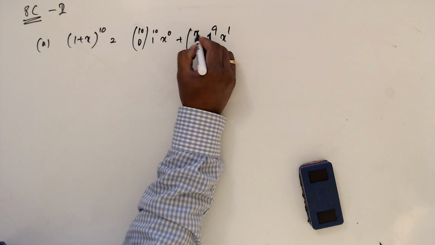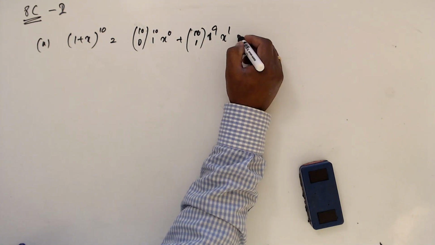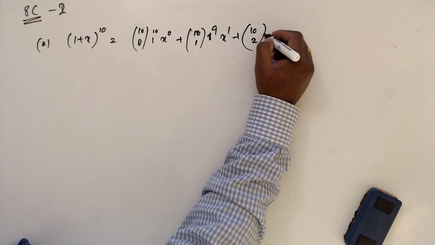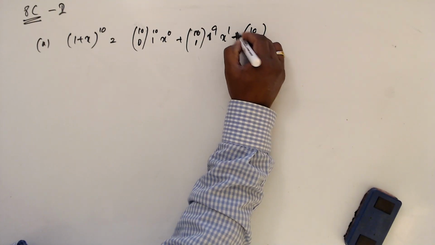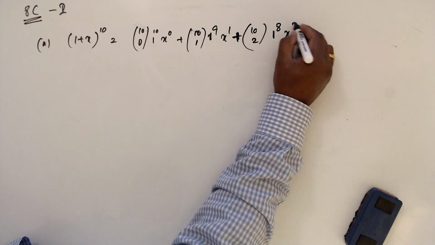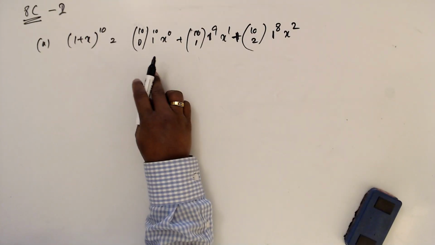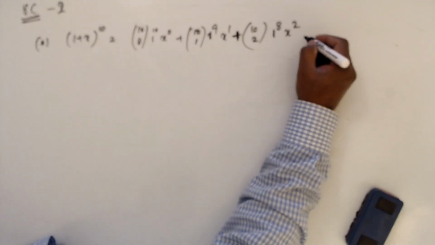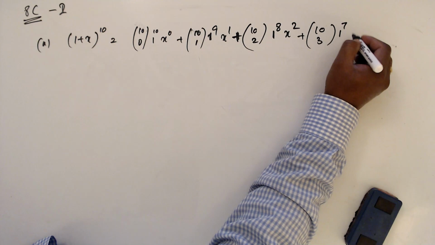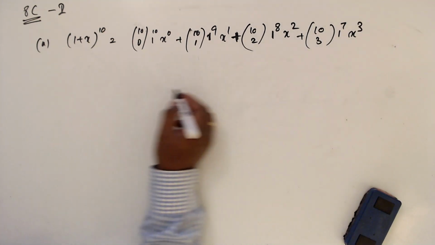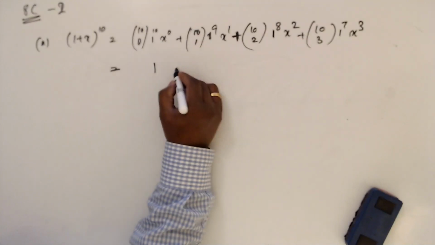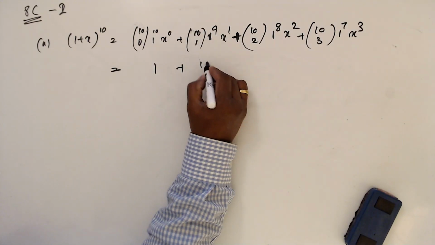Then this is 10C1 and 10C2, 1 to the 8 x squared. 1, 2, 3 and 1 more. 10C3, 1 to the 7 x cubed. This is 1, and this is 10x.